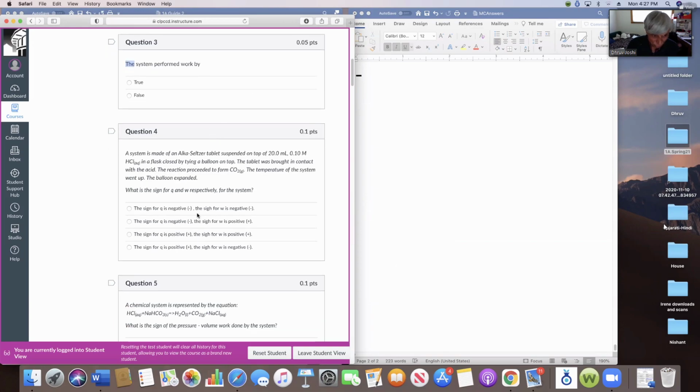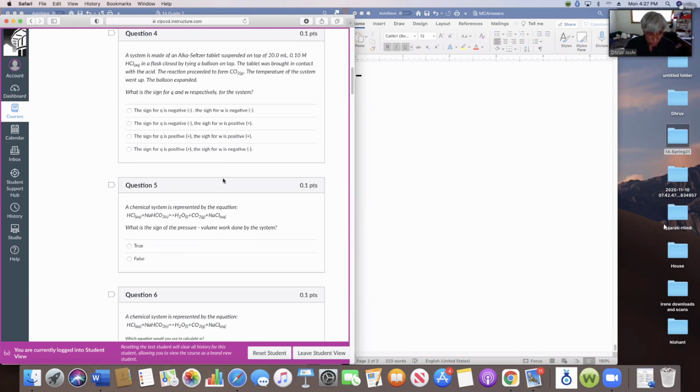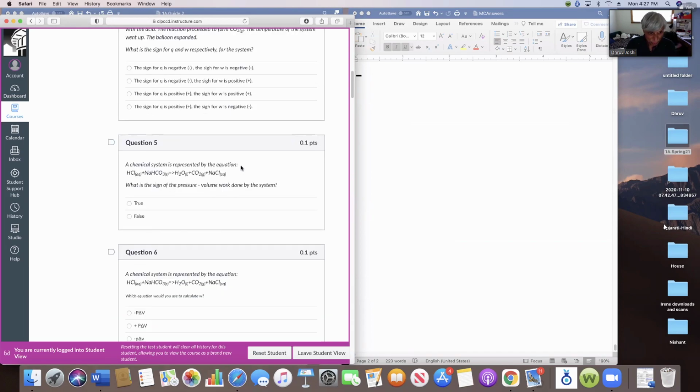A chemical system is represented by the equation HCl aqueous plus NaHCO3 solid gives H2O plus CO2 plus NaCl. This is a gas forming double replacement reaction. And what is the sign of pressure volume work done by the system? Well, there is carbon dioxide gas being produced.